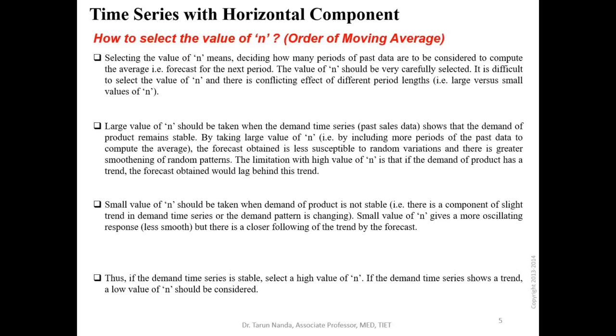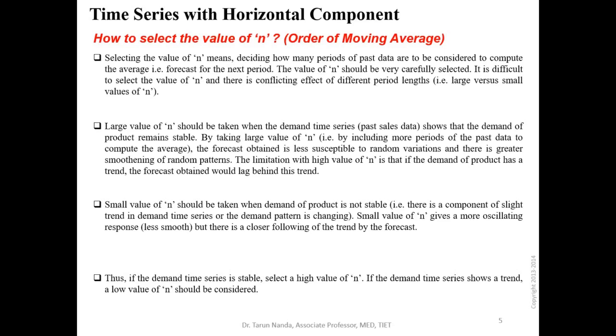So when you take a smaller n, you include only the most recent values. For example, if you take n equal to 3, you are only taking the past 3 sales, and then you compute your future forecast by calculating an average which gives importance only to the recent values which are showing the trend, and you are discarding the older values.